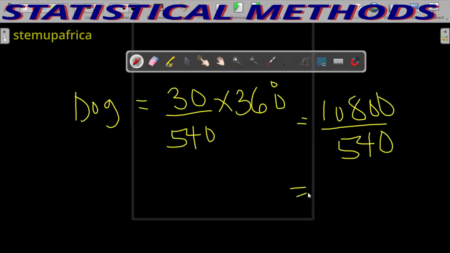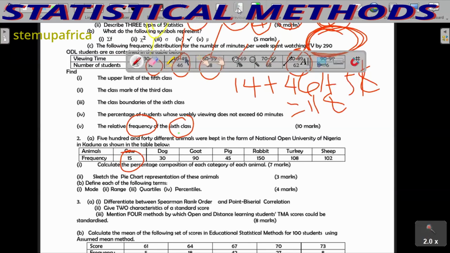If I divide this, that will give us 20 degrees. So this is what the question says, not the other way around. This is how you continue each of them to the last one.